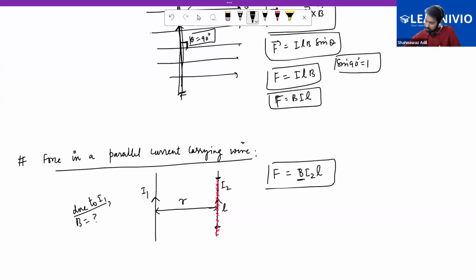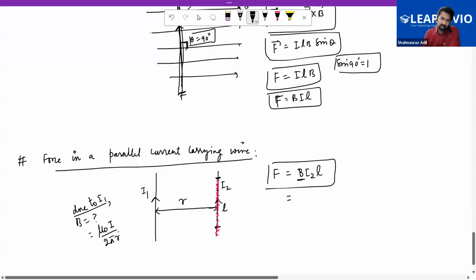Yes, what is the magnetic field for a straight line wire? This is mu naught I by 2 pi r. This we have already discussed.